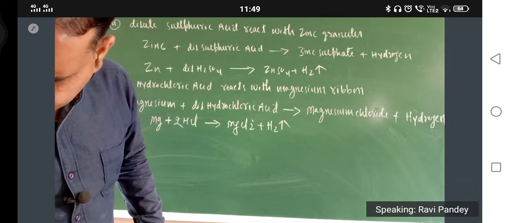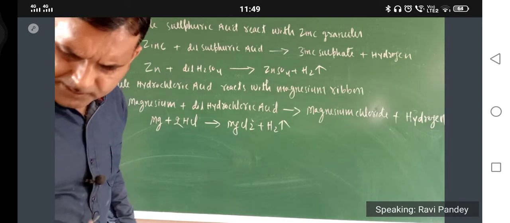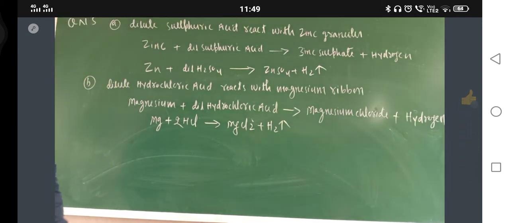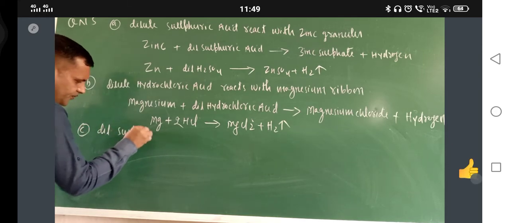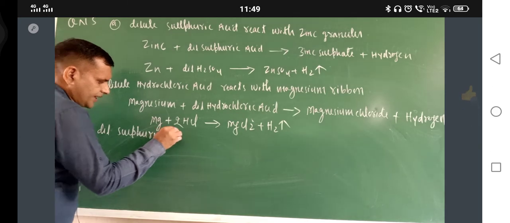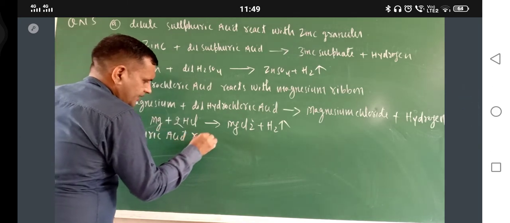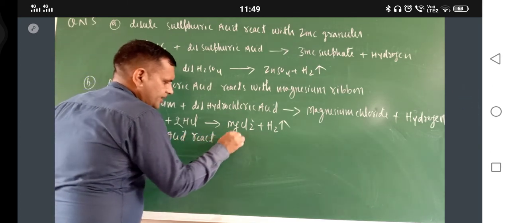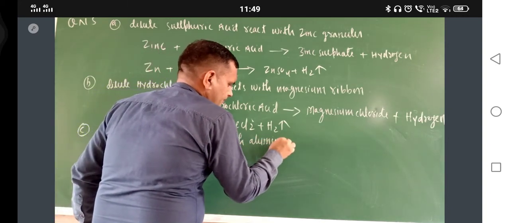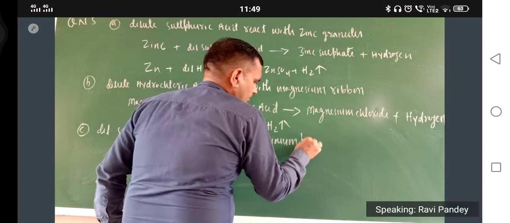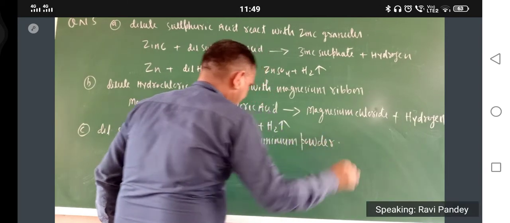Next one is C. Dilute sulfuric acid reacts with aluminium powder.